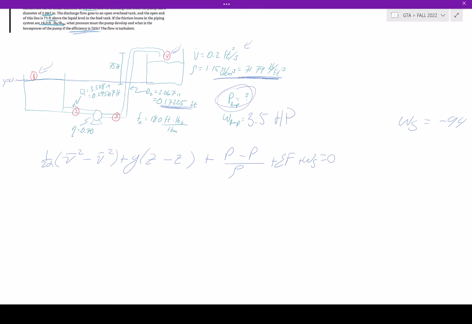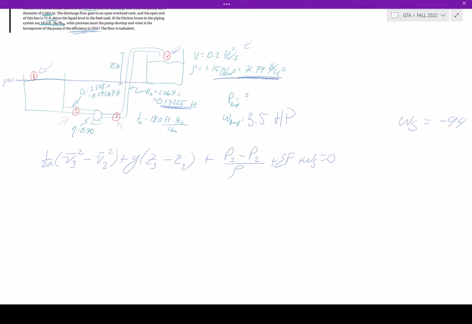So it would only make sense that we would want to do a mechanical energy balance involving 3 and 2, right before the pump and right after the pump. Now, let's plug in the subscripts for that. So V3 minus V2, Z3 minus Z2, pressure 3 minus pressure 2, frictional forces along it, and the shaft work.